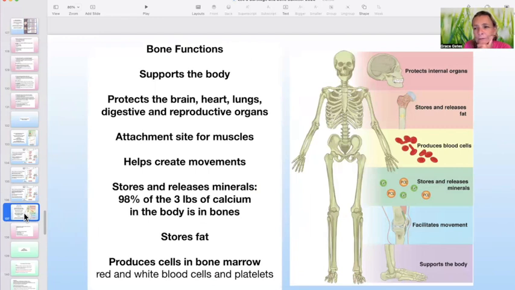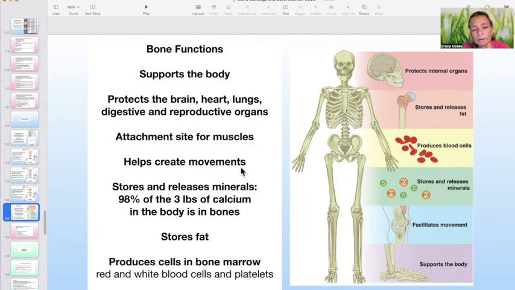Just a brief word on the functions of bone. Bone supports the body. It protects the brain, the heart, the lungs, the digestive and reproductive organs, all the soft, squishy stuff inside. Bone is an attachment site for muscles.